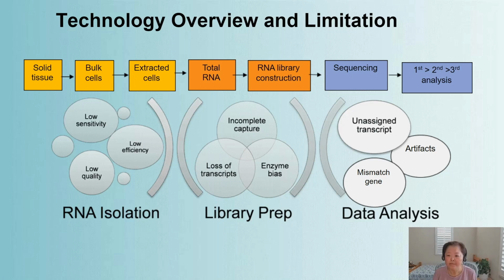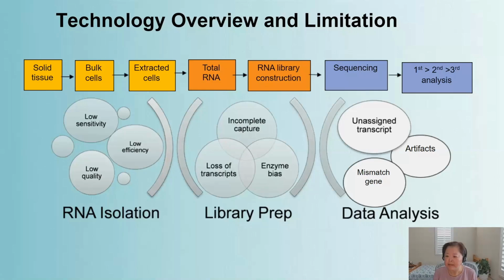However, working with low abundance rare cells can be challenging. The low sensitivity, the low extraction efficiency, and the low quality of the cells all impact the quality of RNA, which can be carried to the downstream library prep workflow. This includes the poor or incomplete capture of the transcriptome, especially the small RNAs.